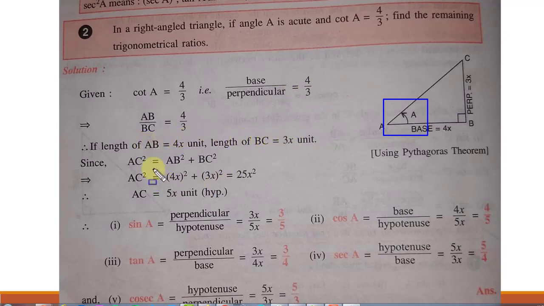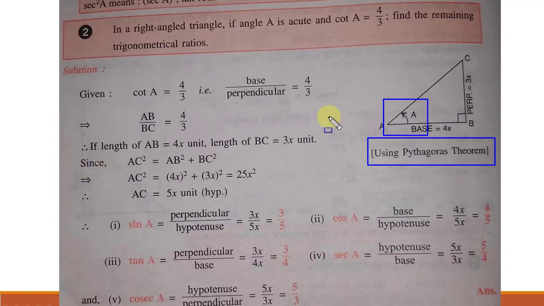Base and perpendicular are given, hypotenuse we have to find. According to Pythagoras theorem, hypotenuse square is equal to base square plus perpendicular square. So hypotenuse is AC.